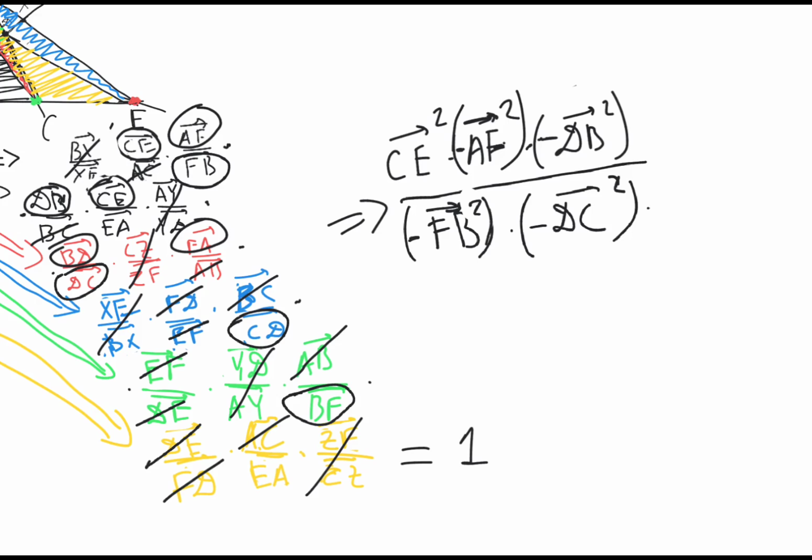And finally we have EA and EA. So this would be EA squared. This is all equal to 1. So from this we conclude that minus cancel each other, minus cancel each other. That's what we have basically.